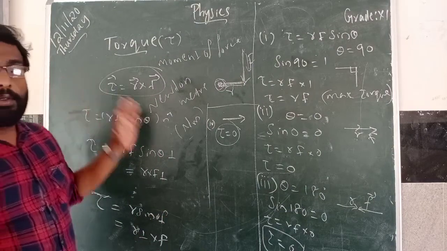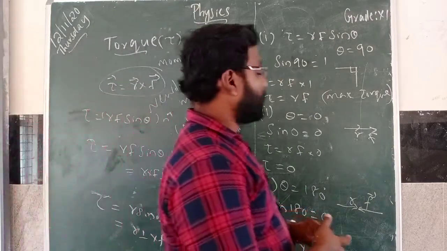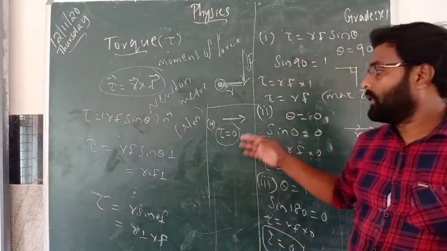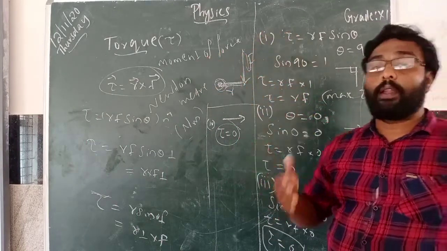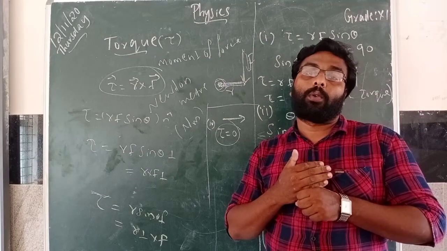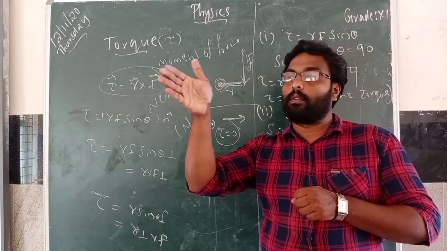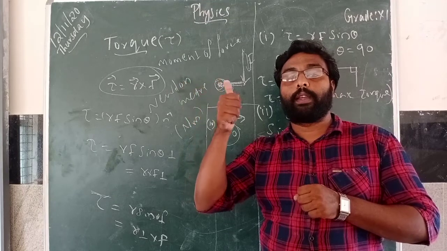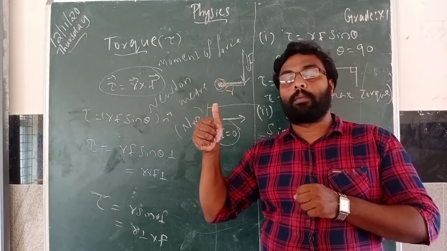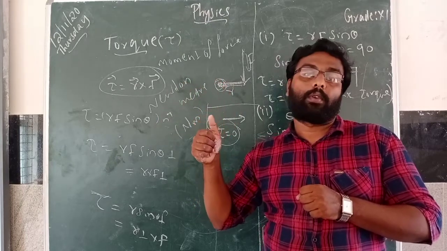So this is what about torque. You can use this formula, torque is equal to R cross F, and you can remember the rule I told. The palm shows the direction of force. When you curl these fingers, the thumb points in the direction of torque.